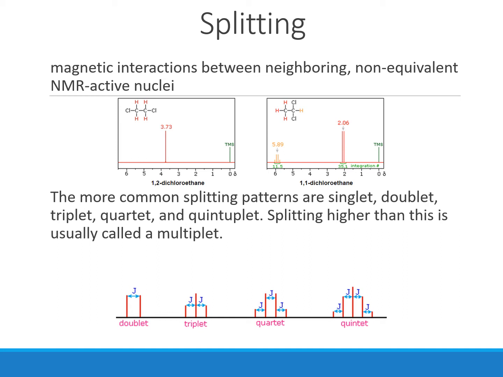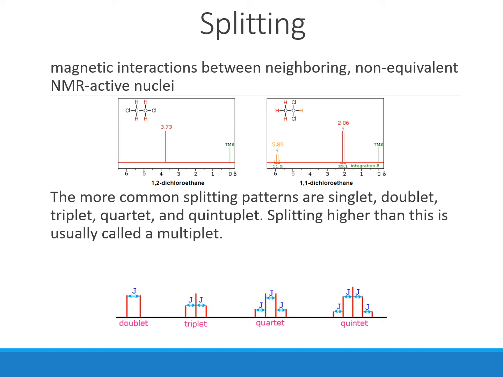Therefore, that single hydrogen will magnetically interact with the three hydrogens in the methyl group and split them into a quartet, whereas the three hydrogens can magnetically interact with the single hydrogen and split it into two. That's what splitting means.